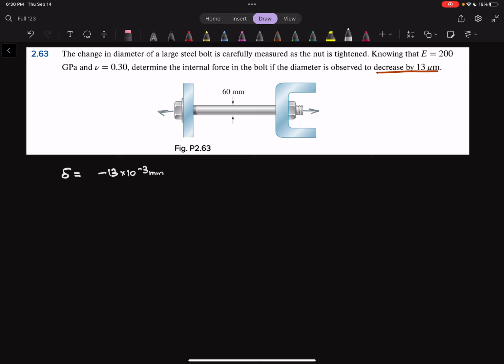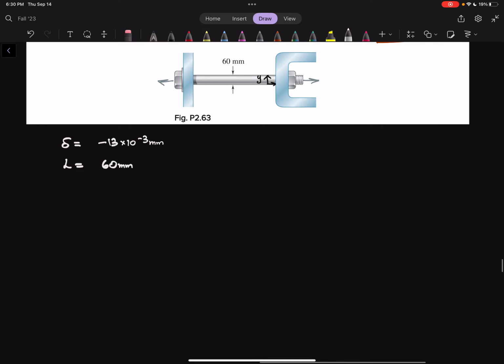Now the original length of this y direction was 60 millimeters, so I can find the strain in that direction. It's going to be negative 13 times 10 to the negative 3 millimeters divided by 60 millimeters.